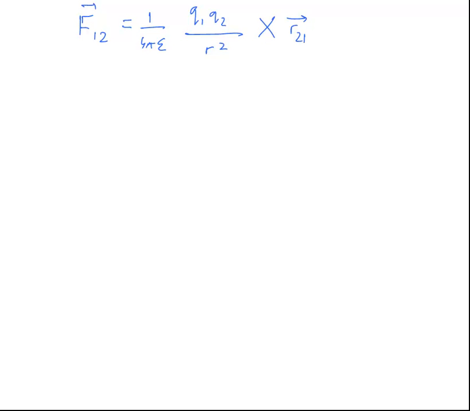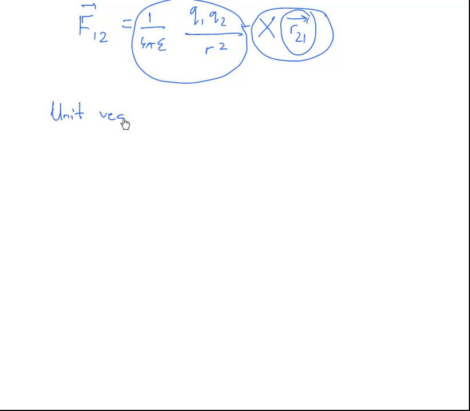But this would lead to a slight problem. This is the correct formula for magnitude, right? But by multiplying it by R21, you have changed the magnitude. And that's something we don't want. So what do we want here? We want to somehow multiply it by a vector without changing its magnitude. How do we do that? There's only one way to do this, and that is bring in a unit vector. What is a unit vector?